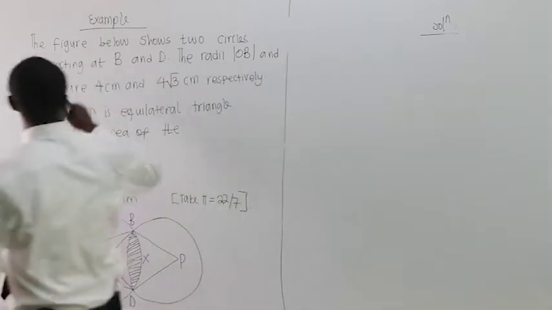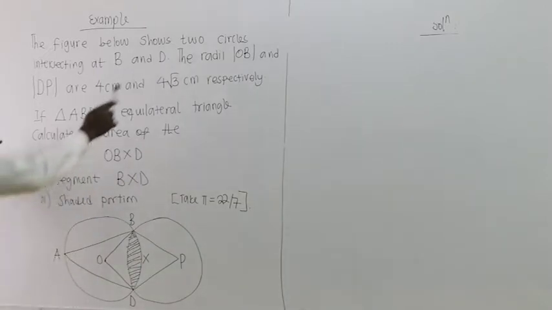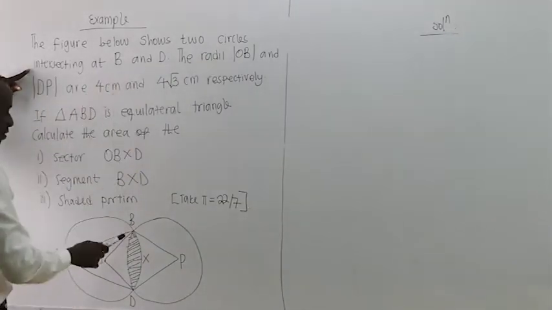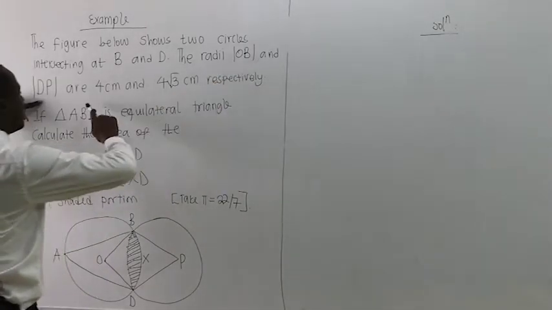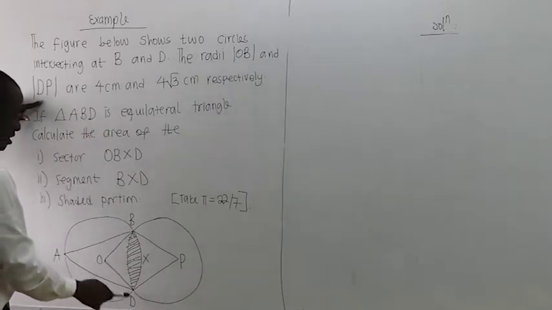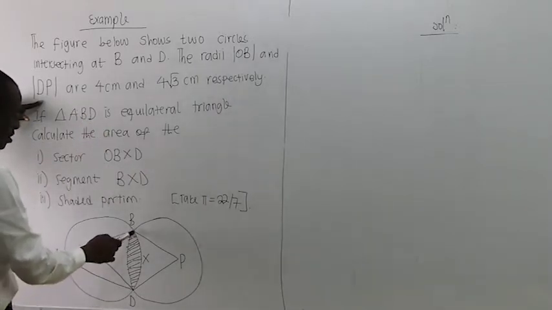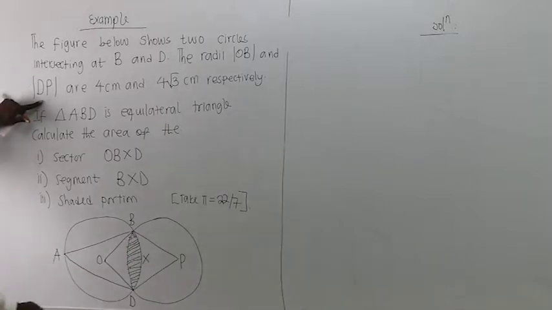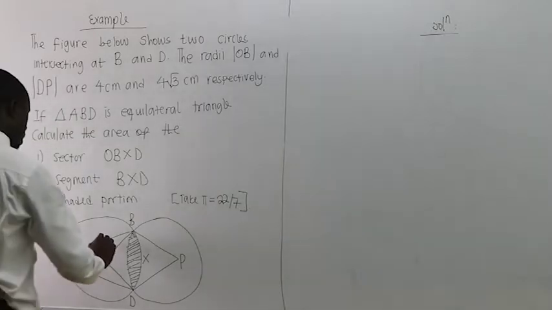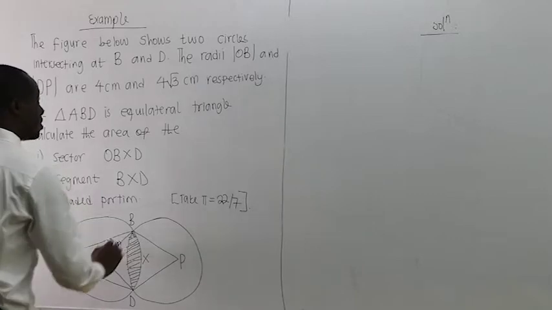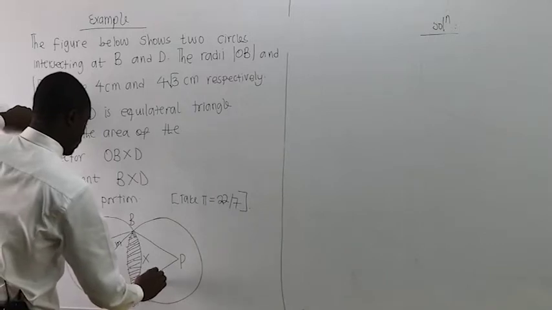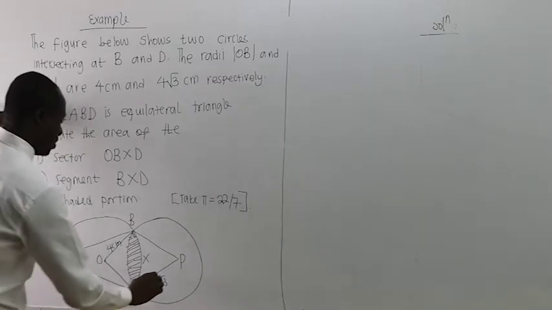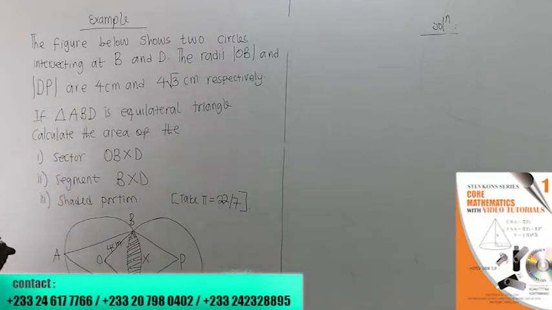Now the question says that the figure below, that's this figure, shows two circles intersecting at B and D. The radii OB and DP are 4 centimeters and 4 root 3 centimeters.